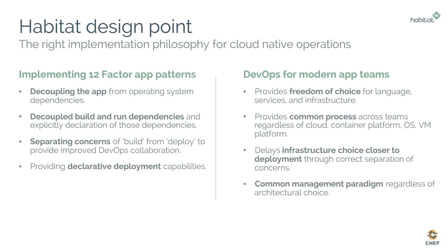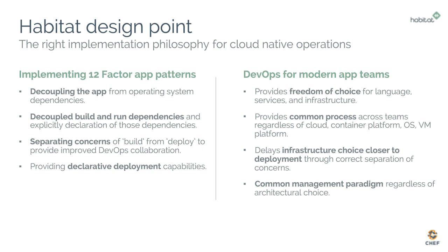As part of this, we're separating the concerns of build from deploy to provide improved DevOps collaboration. The modern application team needs to be empowered to choose the deployment tools that they want or need in order to accomplish the job that they need to do. Habitat does not seek to force you to use a certain deployment mechanism.